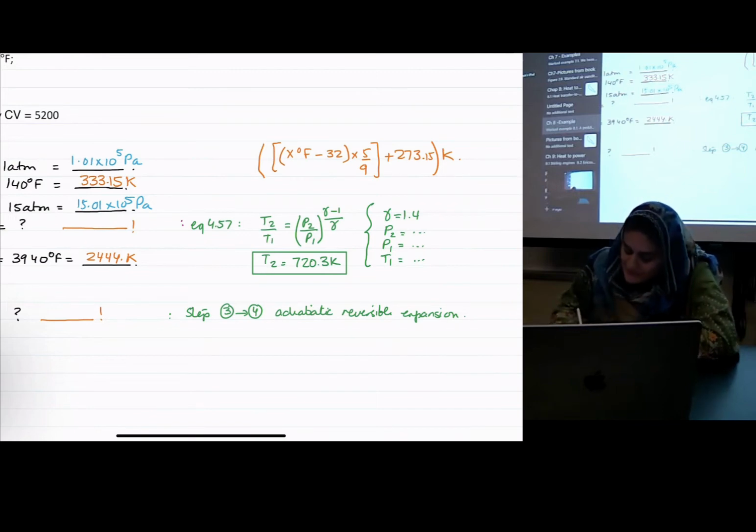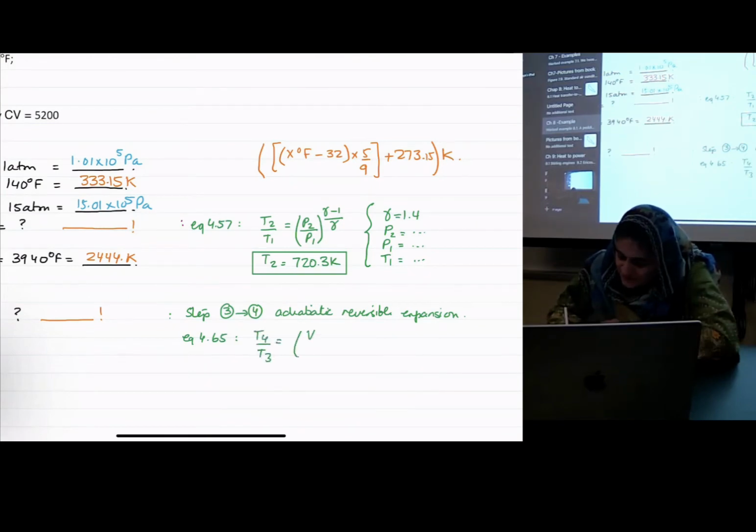So I can use equation 4.65, which will be T4 over T3 equals V3 over V4 to the power gamma minus 1.